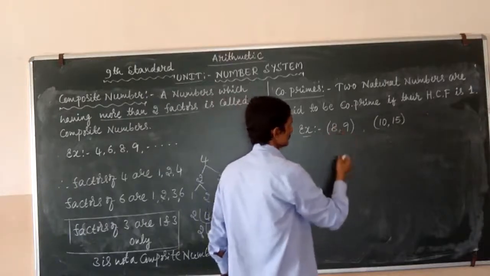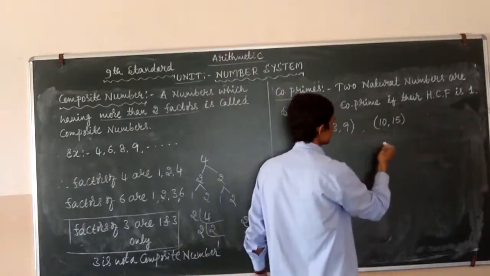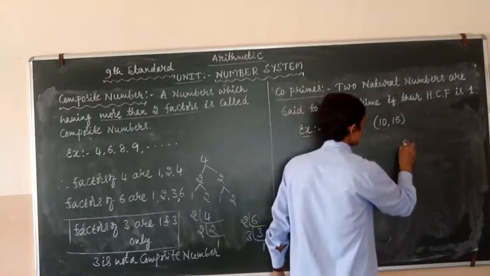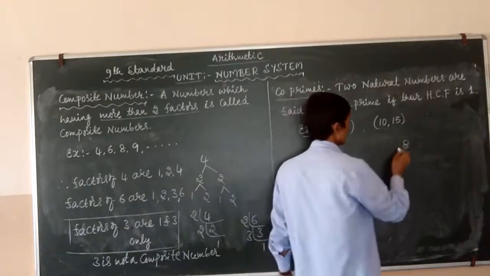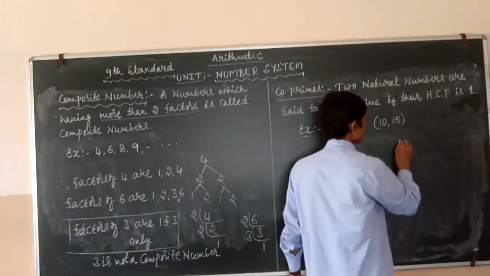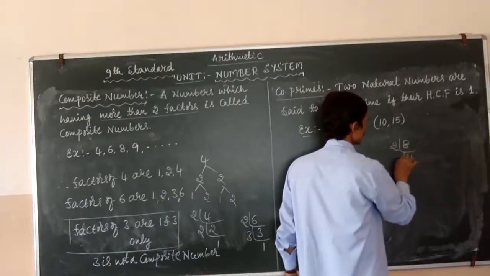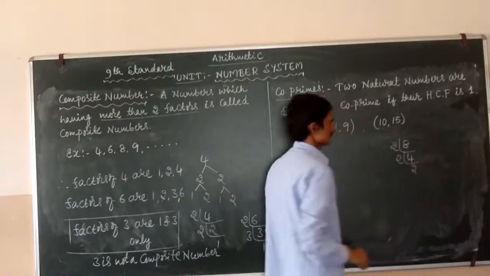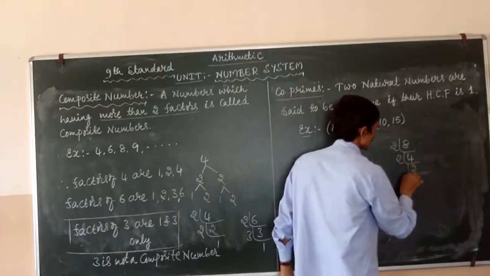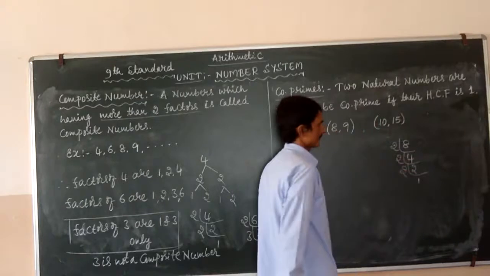If you take the HCF of both 8 and 9, first we write the factors of 8. 2 fours are 8, and 8 ones are 8.